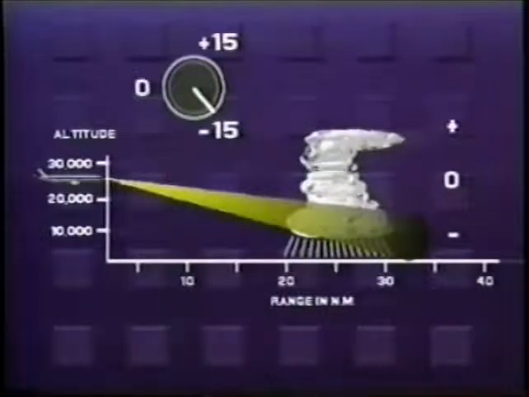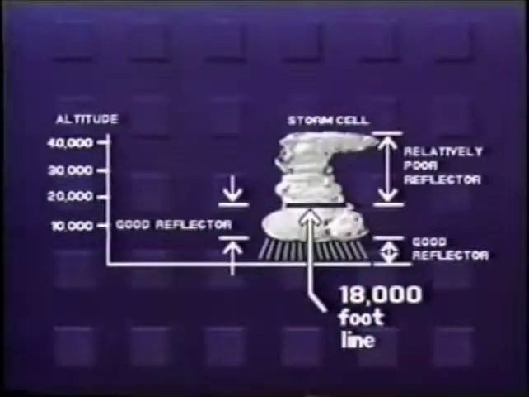at various altitudes. Before describing some useful techniques for both tilt and range management, it's necessary to explain the reflection characteristics of thunderstorms. Thunderstorms come in two forms, frontal and air mass. Regardless of their type, they each have a typical radar reflection profile.